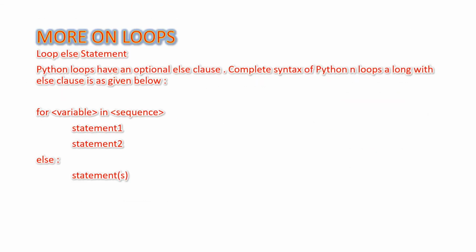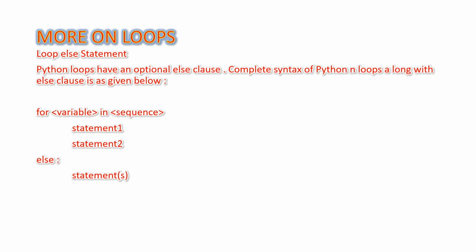We'll discuss something more on the loops. The loop else statement. Python loops have an optional else clause. The complex syntax of Python loops along with the else clause is given below.